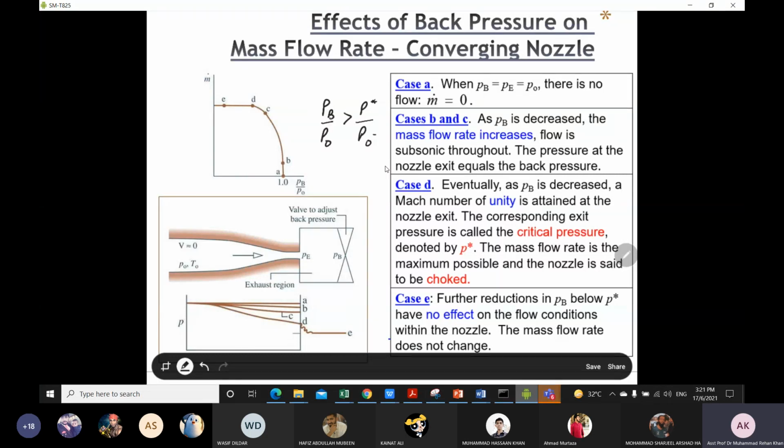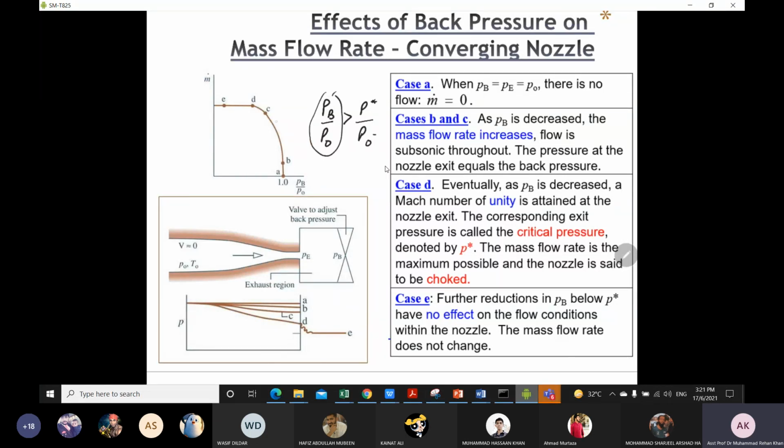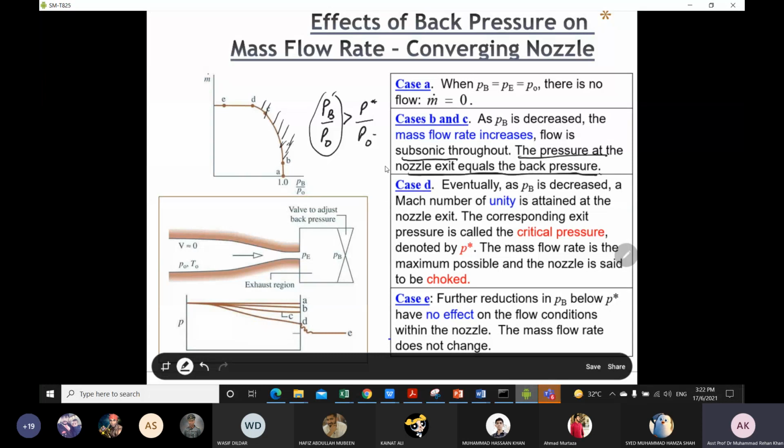Because if you can notice that if this value is greater, it means this lies in this area, and this is the area where there is a subsonic flow and the pressure at the nozzle exit equals the back pressure. Only for this case, when your PB by P naught is greater than P star by P naught.